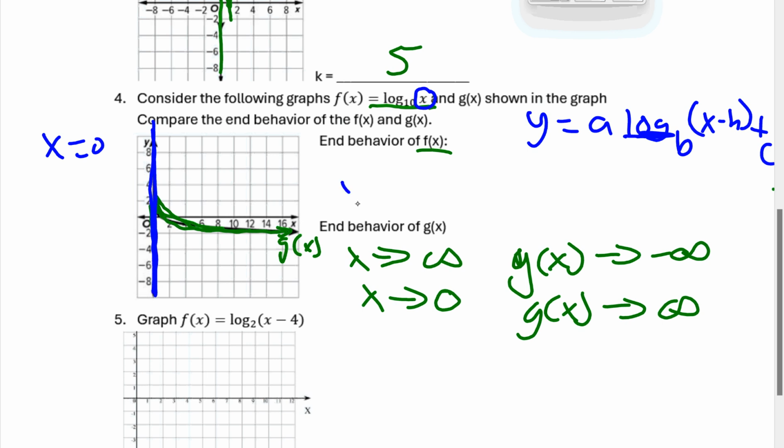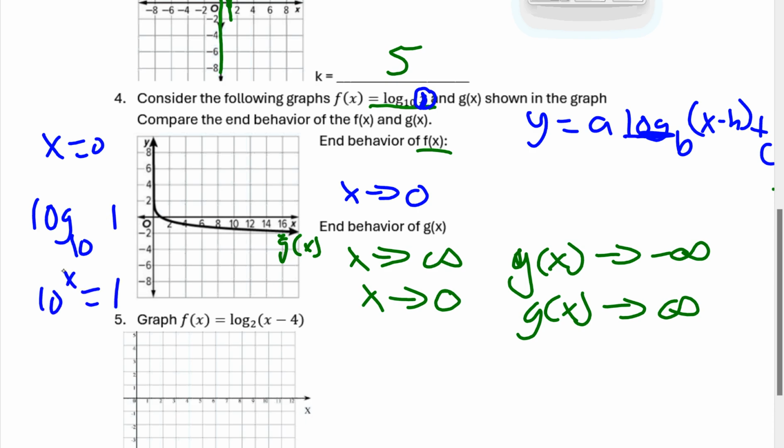Okay. So that means as x goes to my asymptote 0 for this problem, now I figure out, okay, which direction is it going? Is it looking like g of x here, or is it a different equation, right? So here I can plug in a number like 1 for my x, and then I can think about that problem that I did above, log base 10 of 1. That means 10 to the what equals 1? Well, that would be 0. So I know that when my x is 1, my answer to this will be 0.